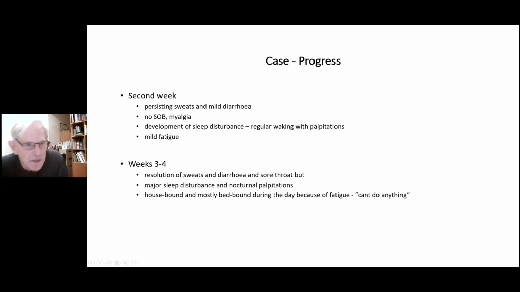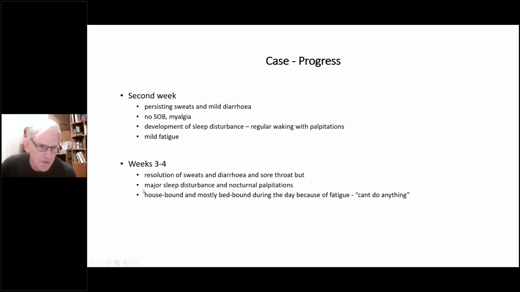In the second week, she had persisting sweats and mild diarrhea. She wasn't admitted, by the way, and wasn't hypoxic. And from about the second to third week on, she started developing a significant sleep disturbance, regular waking with palpitations at night, mild fatigue.